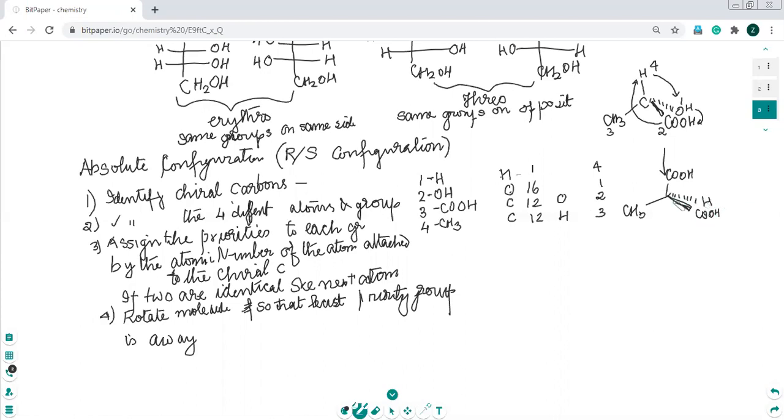H is behind. So you have done that job. Now step number 5. Start from 1 to 2 to 3.